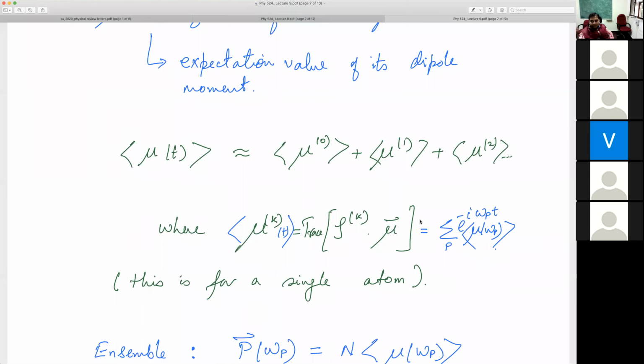Mu is just an operator, so it has a fixed form, but the density matrix depends on the order. So that defines this order of mu in terms of the density matrix, and this is the trace, basically.